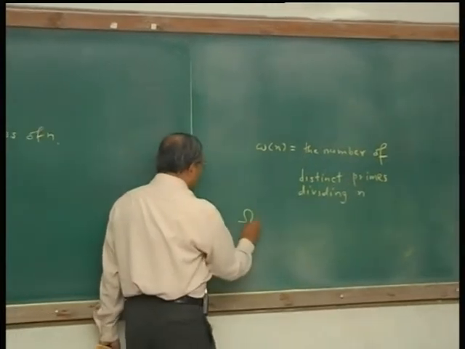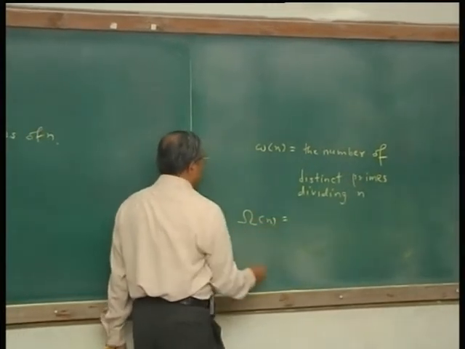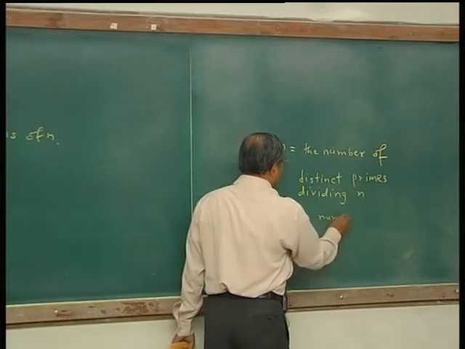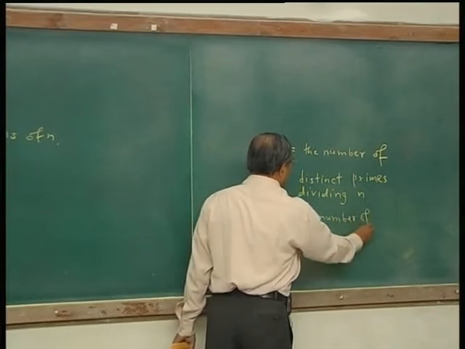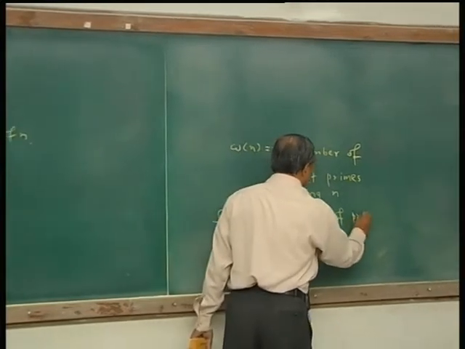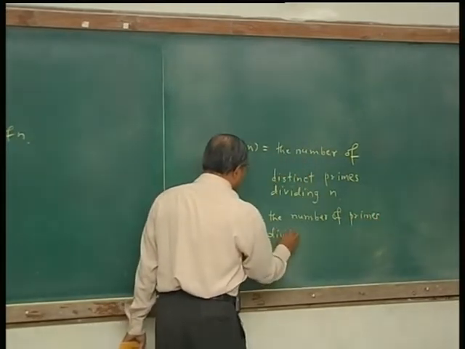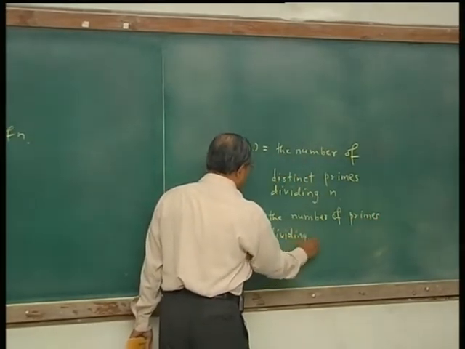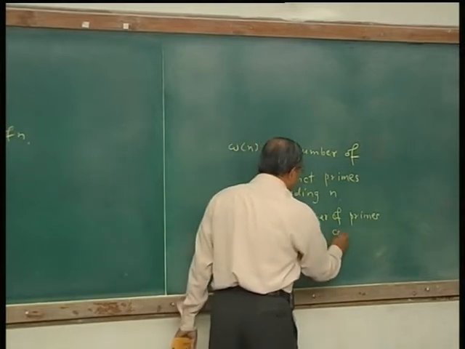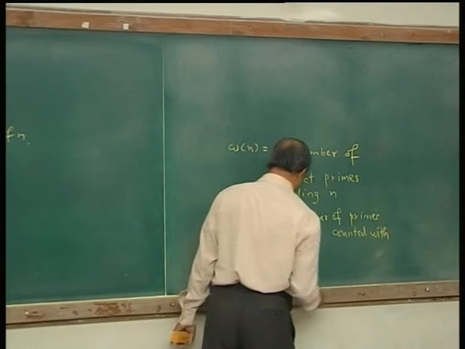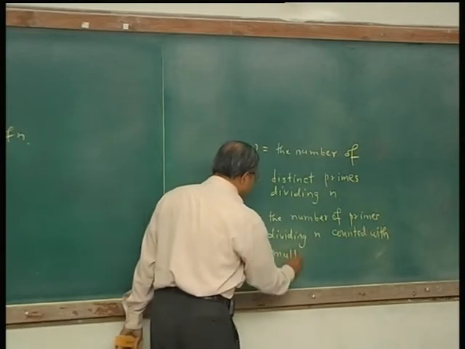And you can define capital Omega of n equal to the number of primes dividing n counted with multiplicity.